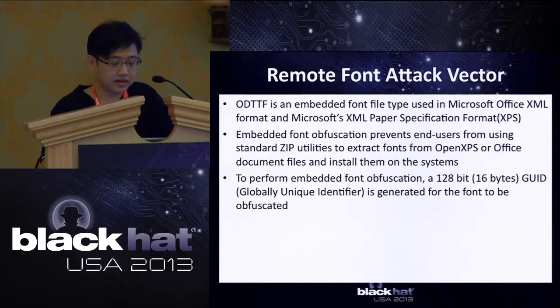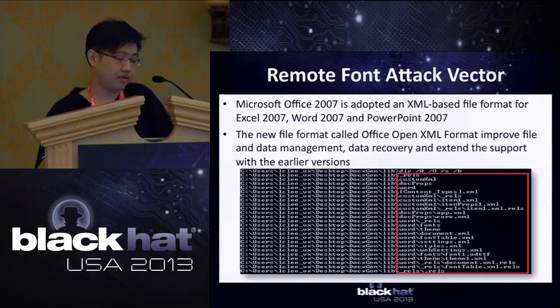And the file can be extracted from the docx by renaming the file to zip, so the archive can be browsed and extracted. And to perform embedded font obfuscation, a 128-bit or 16-byte GUID is generated for the font to be obfuscated.